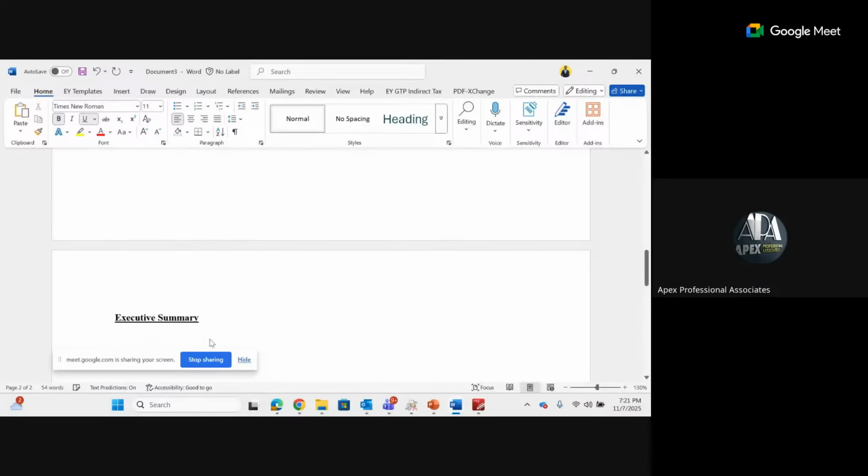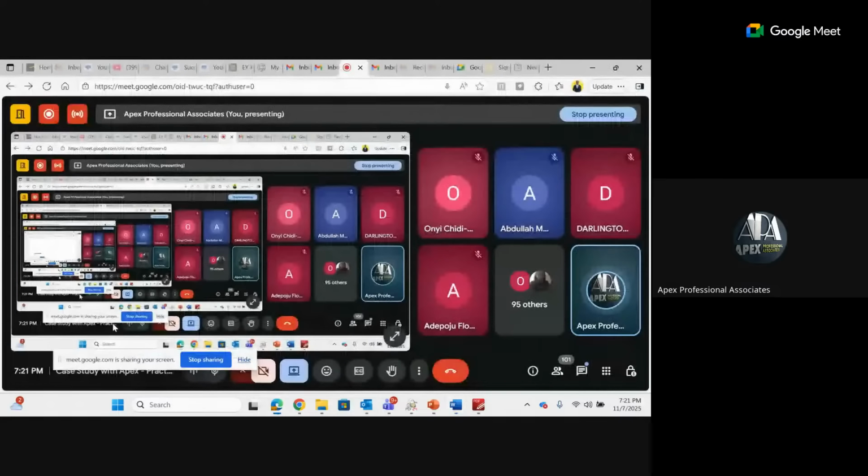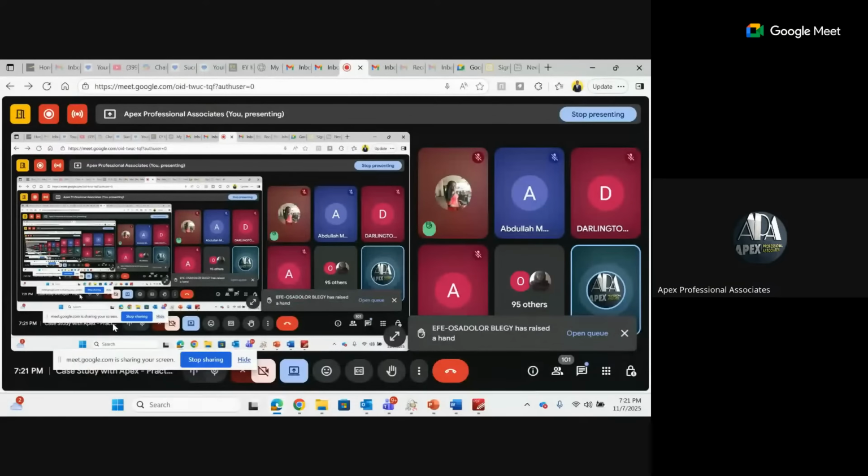Can someone tell me the reason why we are leaving pages 2 and 3 of the executive summary blank? There is a specific reason for that. Can someone assist us? Why are we leaving it blank?